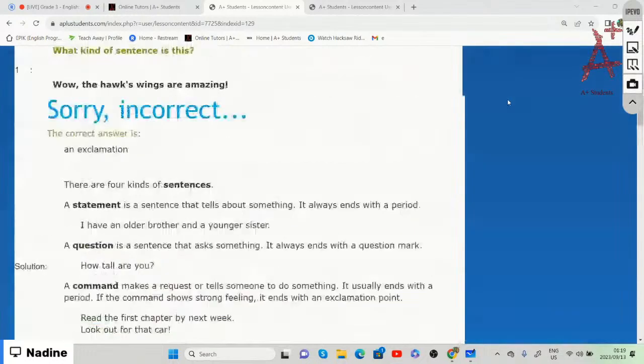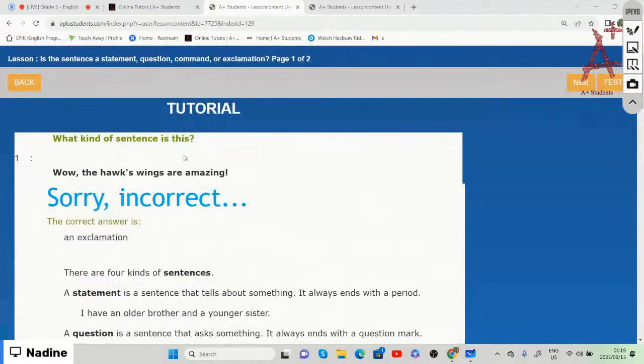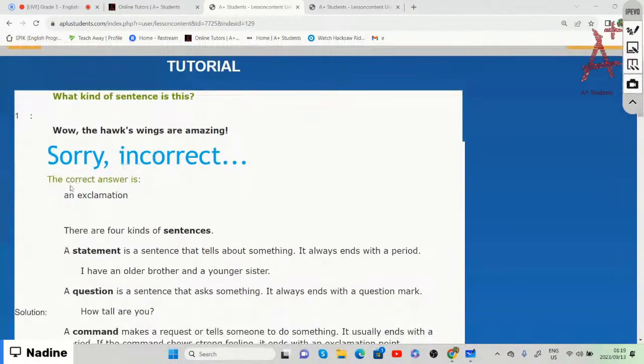All right. Now we are going to say what kind of sentence this is. Wow, the hawk's wings are amazing!